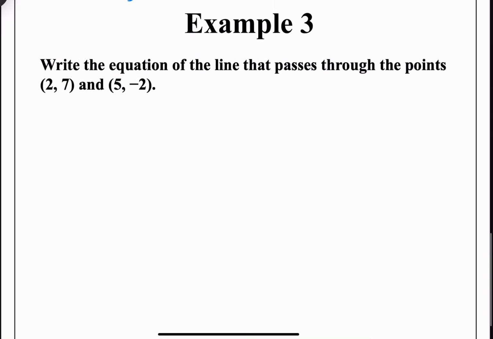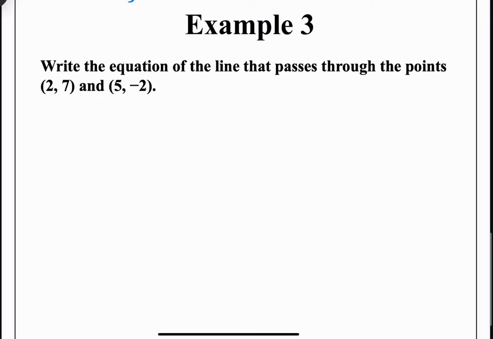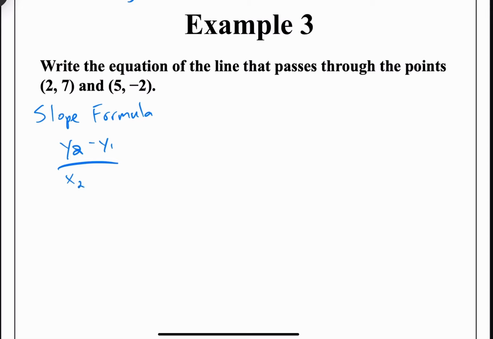And example 3, write the equation of the line that passes through the points 2, 7 and 5, -2. So for this one, we have to find the slope first by using the slope formula. So the slope formula, remember, it says take y2 minus y1 and divide that over x2 minus x1.